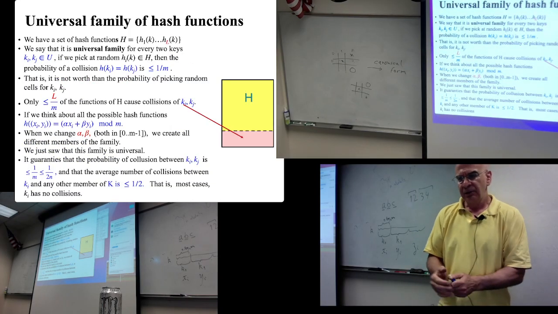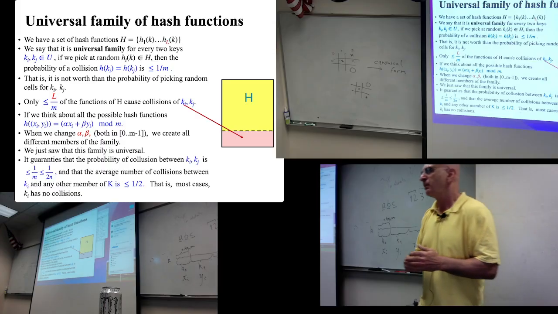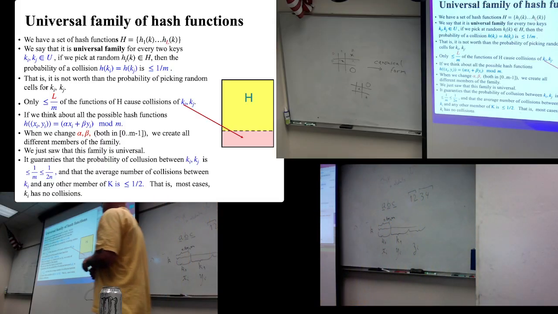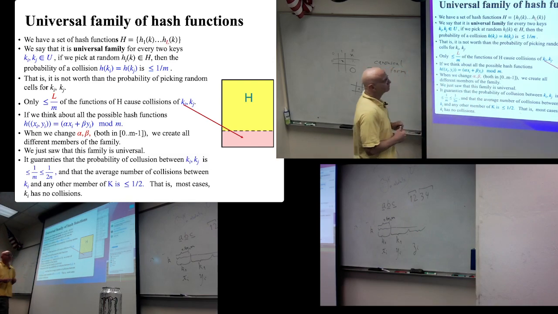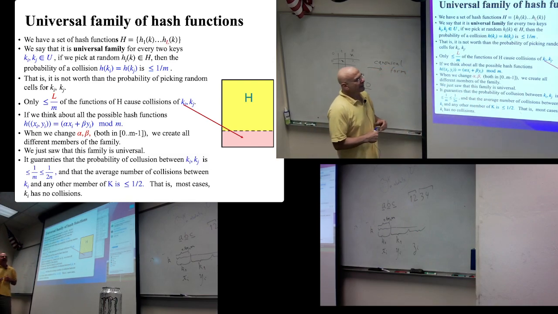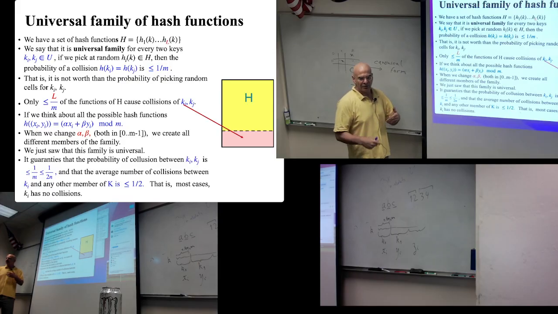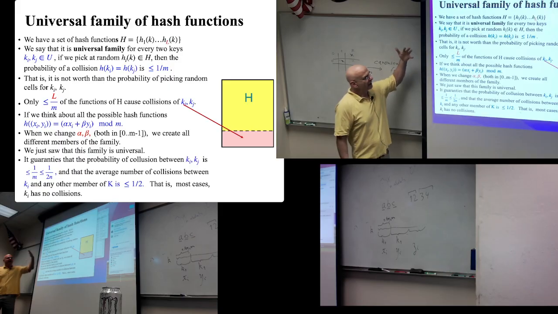Okay. Universal family of hash functions. We mentioned it already, but let's give the definition. By playing with alpha and beta, or with the a_i's, if my keys are larger, I implicitly created a whole set of different hash functions.